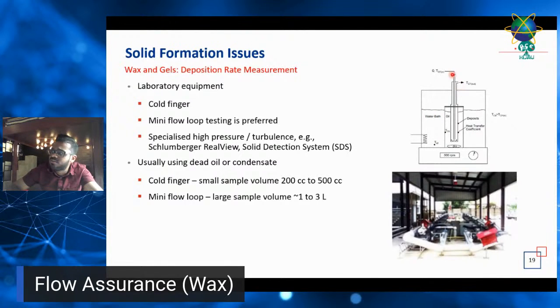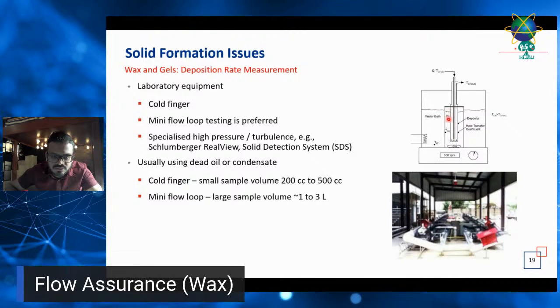So how does a cold finger measurement look like? If you see, this is your finger, and this will be a cold fluid. Cold fluid will be channeled into this finger, and there's a cup here with an agitator. This is set at different RPM, which will give shearing in your fluid.